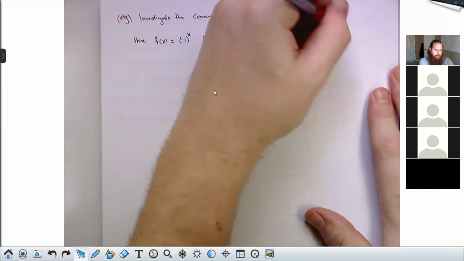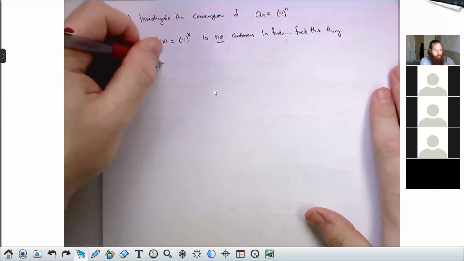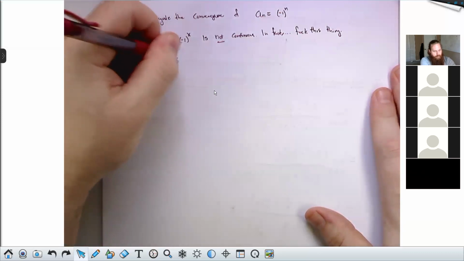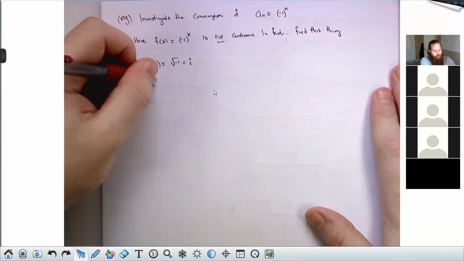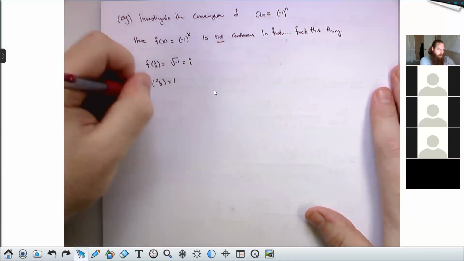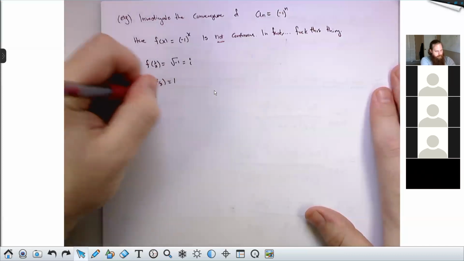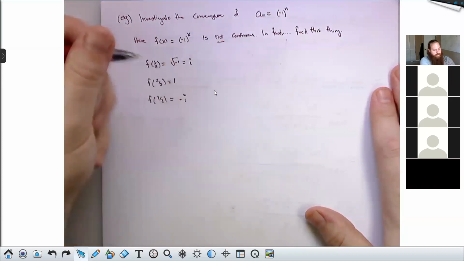Seriously. Like f of 1/2 here is the square root of -1, which is i. F of 2/3 here is 1. F of, say, 3/2 here is -i.